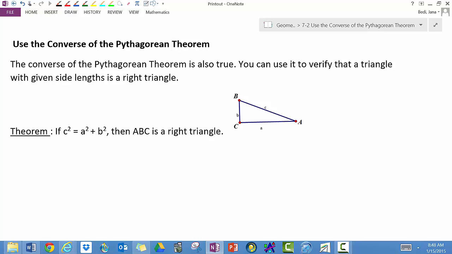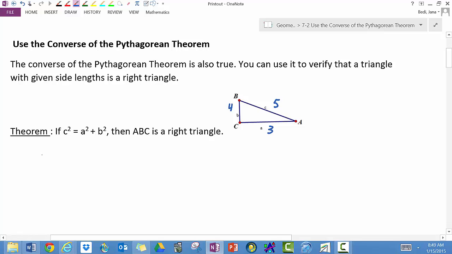If I had, let's make up some numbers, 5, 4, 3, the first thing you want to do is to see if a triangle is possible. And I'm just reminding you, to see if a triangle is possible, take the two shortest sides and see if they're greater than the third side.